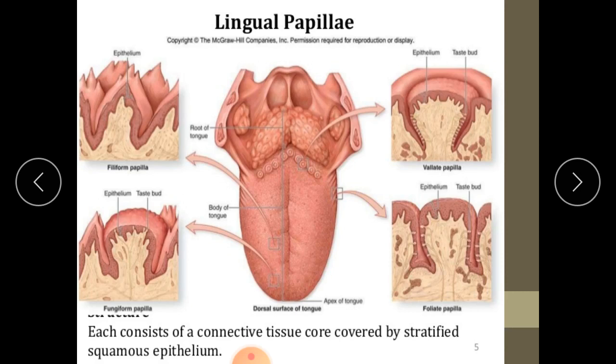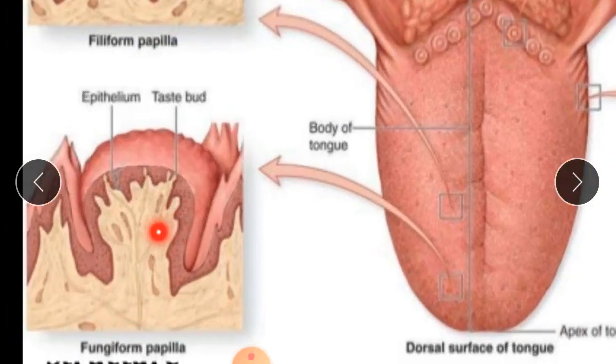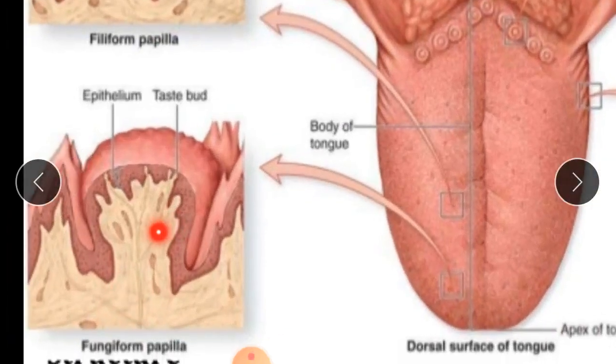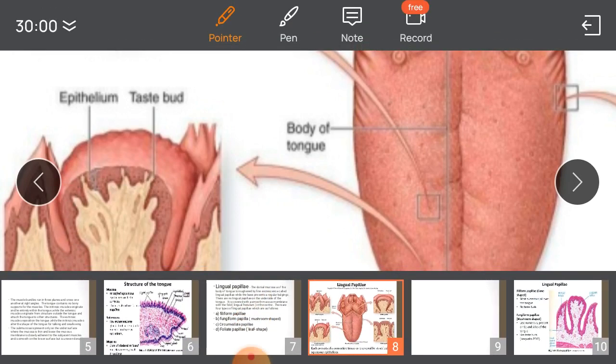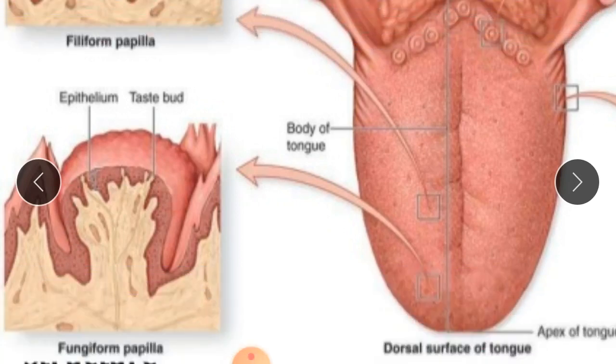The connective tissue core is produced into many secondary papillae, and the epithelium covering them has a smooth surface. Some of the fungiform papillae possess taste buds. Taste buds are here, at the sides.